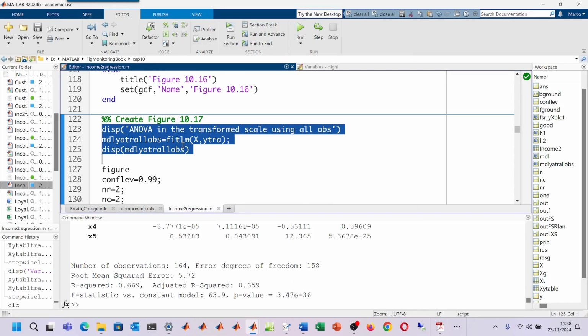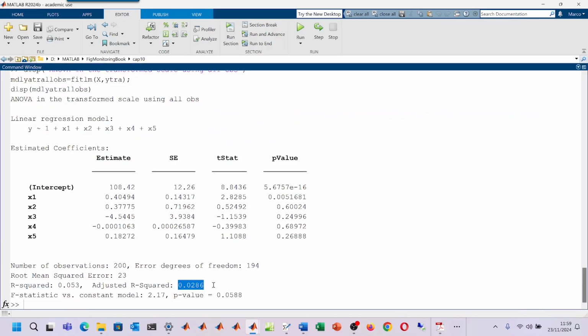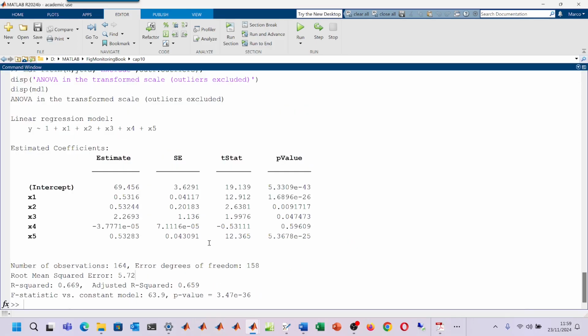With the ANOVA in the transformed scale using all the observations, the adjusted R-square is 0.0286. Still, all the variables are not significant apart from x1. And we also have the ANOVA in the transformed scale when the outliers have been removed.